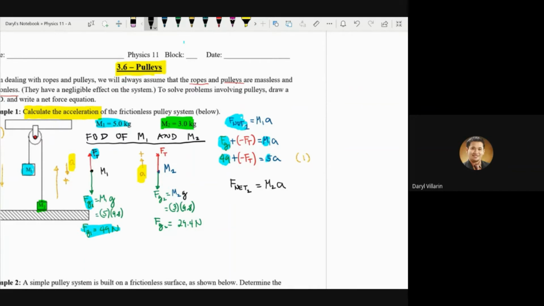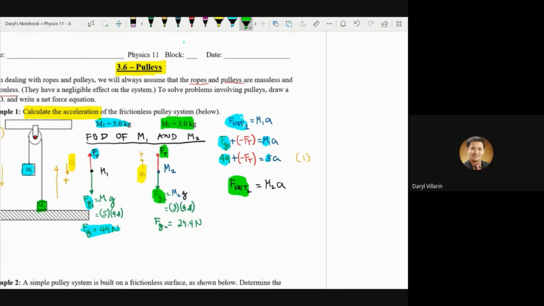And again, acceleration is just represented by A. And now I need to expand that one out. What are the forces? Again, F net on 2 only means that I'm trying to get the sum of the forces acting on my second mass or my second object here. Again, there are two forces here, my Ft and Fg.